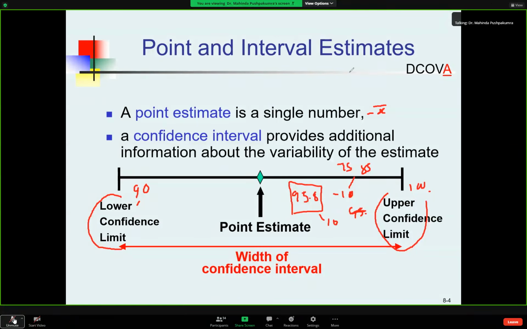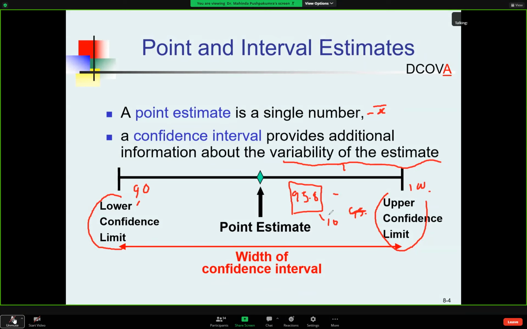When we calculate a confidence interval, we consider the variability of the estimate. The variability of the estimate means that if you select another sample, the sample mean is not 95.8; it will be something else.